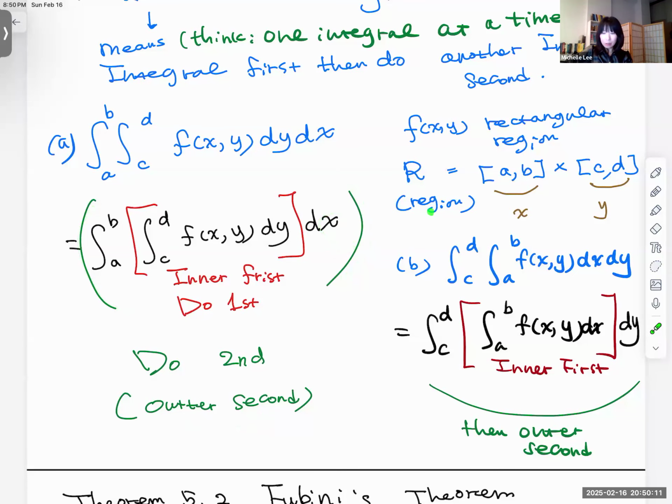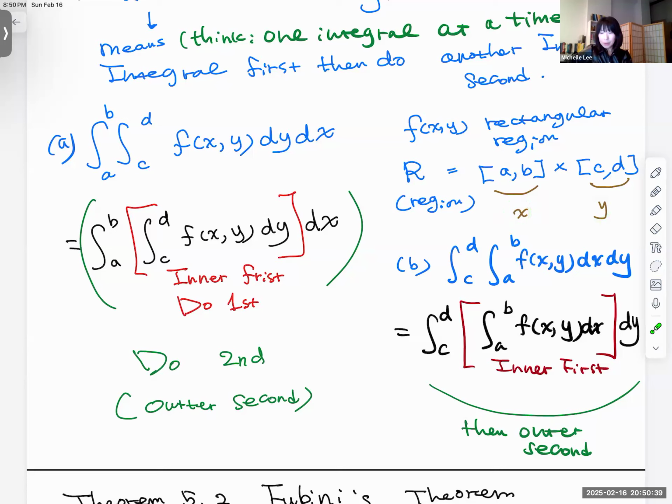So in the rectangular region, we have x indicated by [a, b], that is the first one. We say that this is a Cartesian product of closed intervals. It must be closed. This is for x, and the second one is for y.